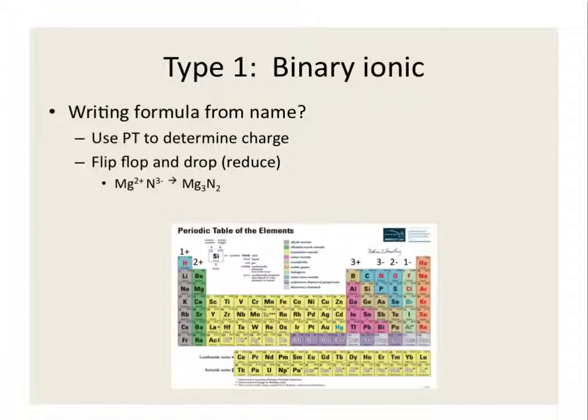Okay, well, we know how to name something that has a metal and a nonmetal that are in those groups, but how do you write that formula in the first place? We said it was MgCl2 for the formula. What we do is we use the periodic table to determine the charge. So you can see on this periodic table I've added some charges.